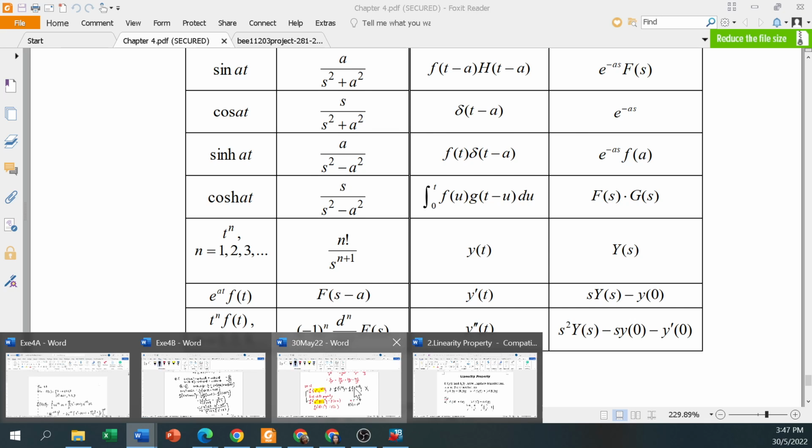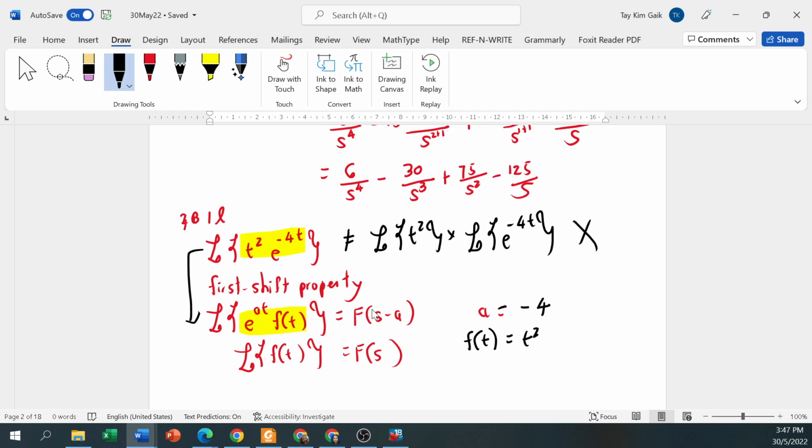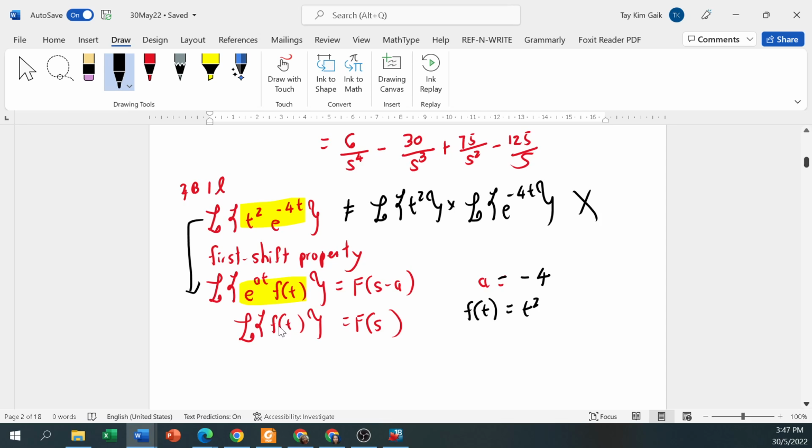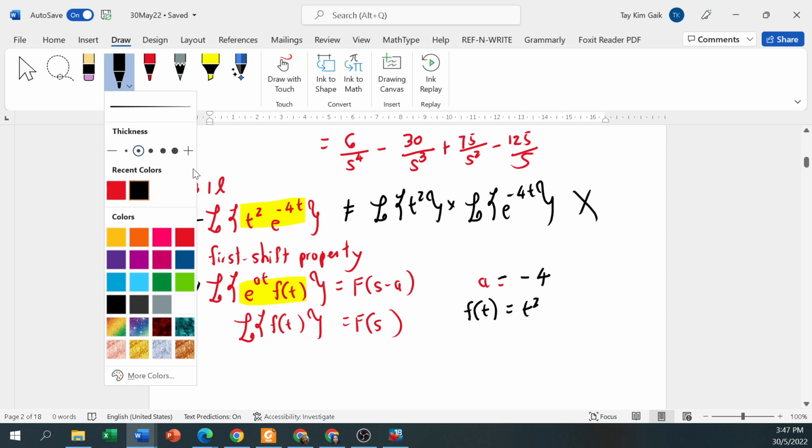Okay, and then hence the result is F(s minus a), where a is negative 4. Before you can get F(s minus a), you must get F(s). So what is F(s)? F(s) is the Laplace transform for your f(t), and your f(t) is t squared.